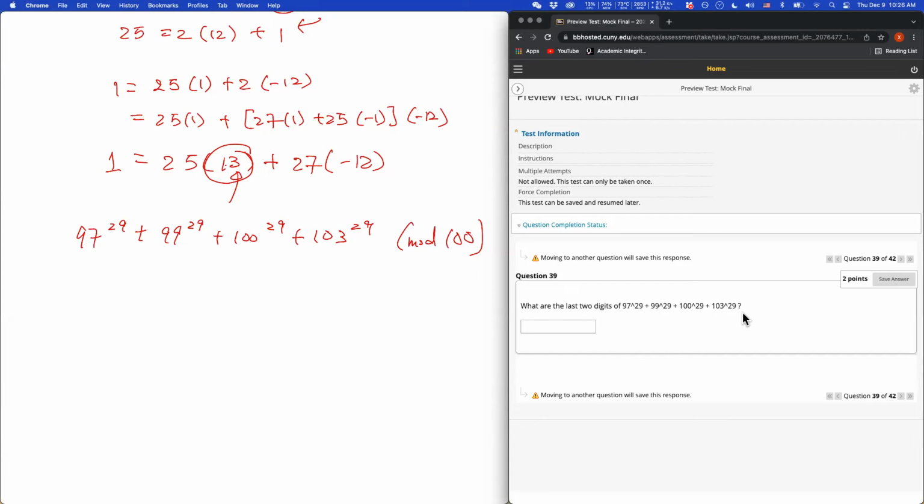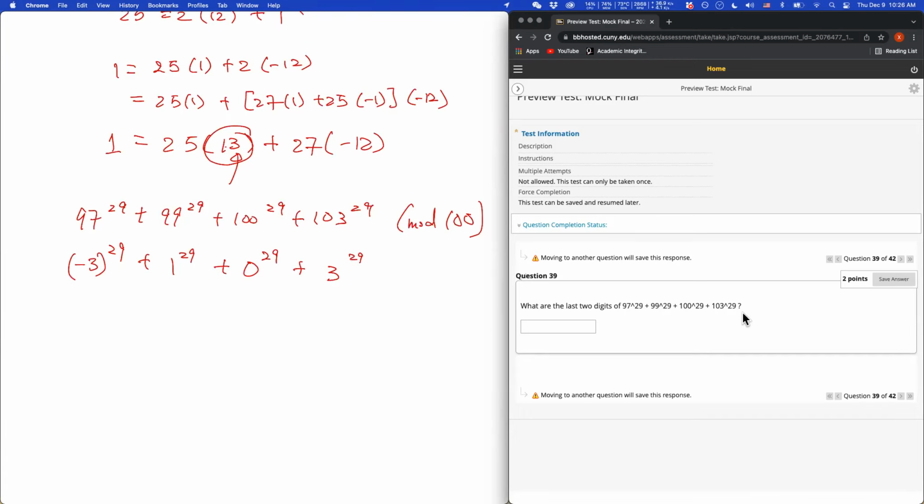Now, if you reduce here, 97 mod 100 will give you -3 to the 29 power. 99 mod 100 gives you 1 to the 29. 100 mod 100 gives you 0 to the 29. 103 mod 100 gives you 3 to the 29.